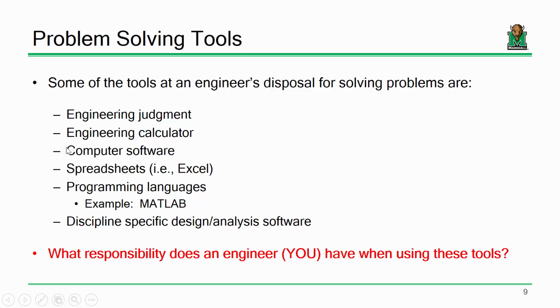Software is only as good as the people that are using it. Design software is really powerful, but you have to understand the fundamentals that are behind the design software, whether it's environmental software, structural, or anything else. And that's what we're going to be doing in this class, starting with a calculator, doing problem solving, and then showing you using Excel how much easier some of those same calculations can be.